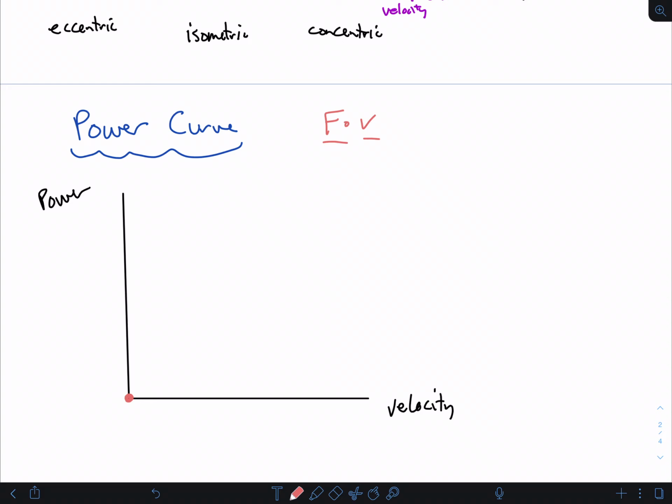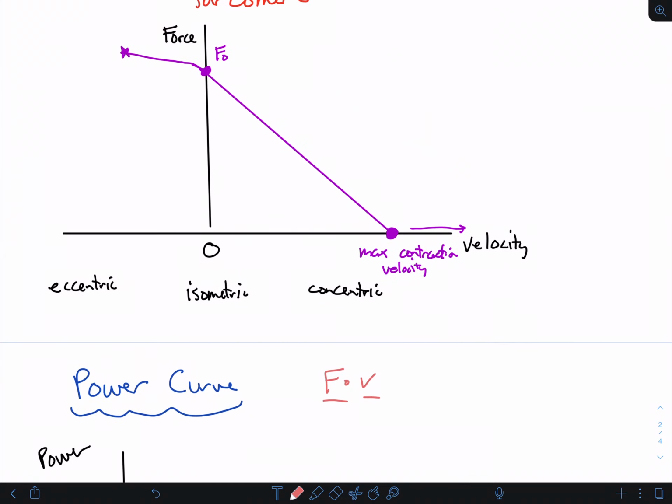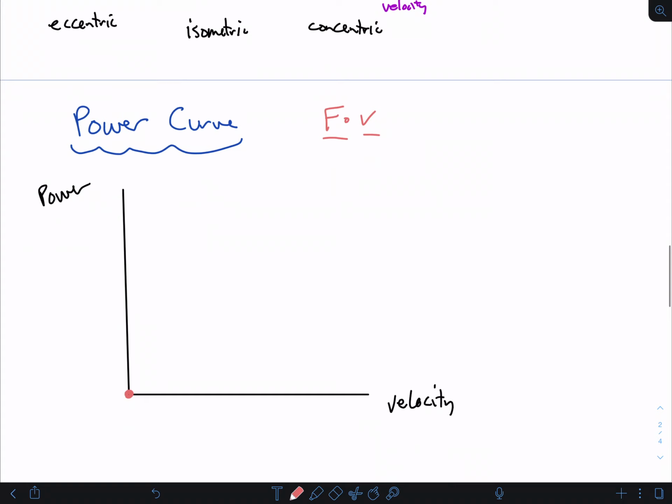What about here? There's some point where if we get above this value, we can't generate any force. So at that point, force equals 0, even though velocity is high. So again, we're at 0. So what does this curve look like in between? Where 0 at the left side, 0 on the right, there's going to be some curve like that. And at this point, this would be the velocity where you can generate your max power.